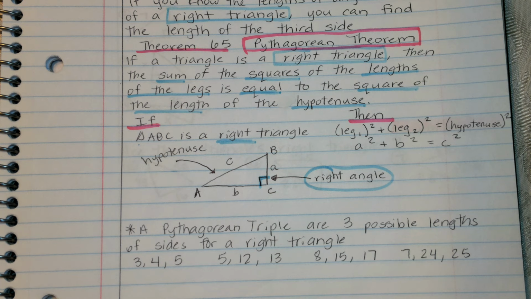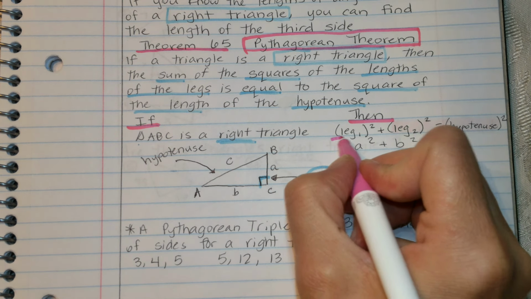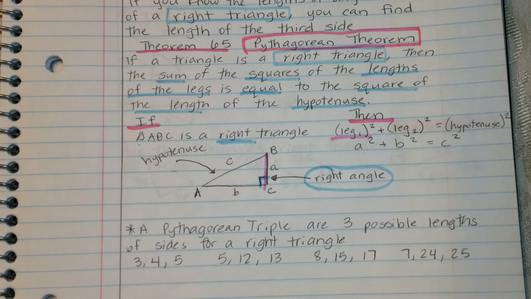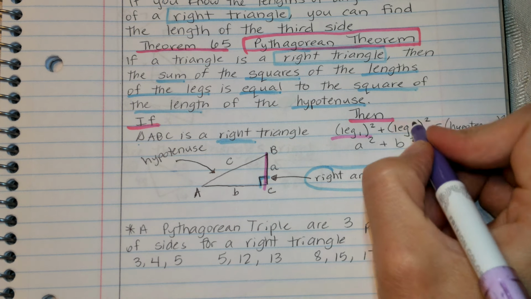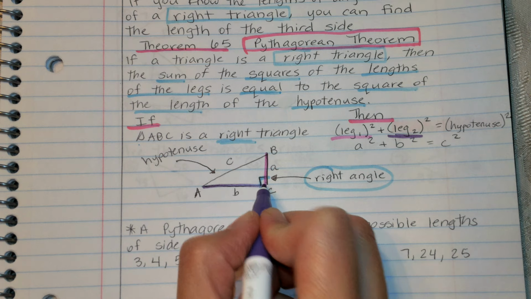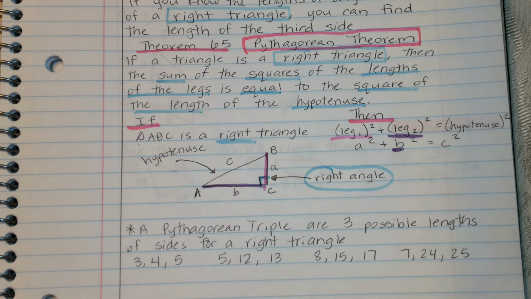Okay, so if it is a right triangle, then, now I'm going to get all colorful, leg 1 squared. I'll just say leg 1 is A right there. Remember that the legs join together to form the right angle and the hypotenuse is across. Leg 2 squared is right here, which is also B.